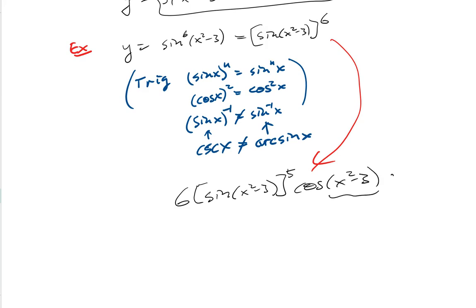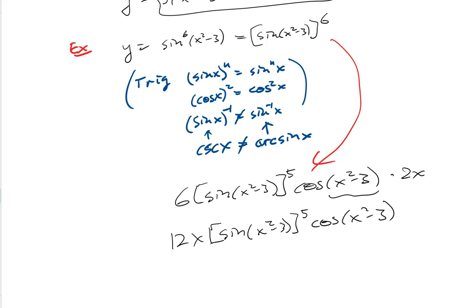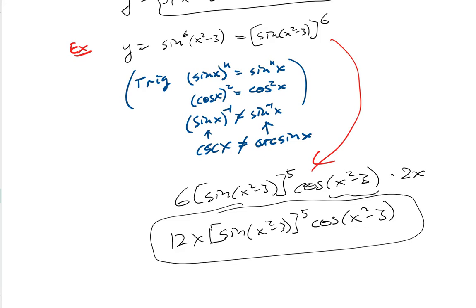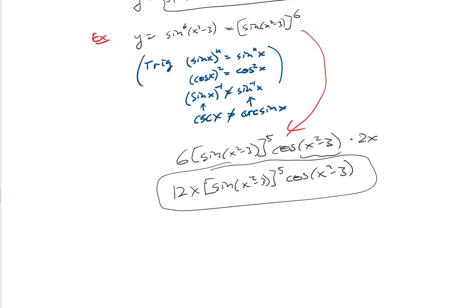And now this itself is a chain rule, so now that's times 2x. So this ends up being 12x times sine of x squared minus 3 to the 5th power times the cosine of x squared minus 3. There we go. It's kind of a hard problem. There's chain rule twice.